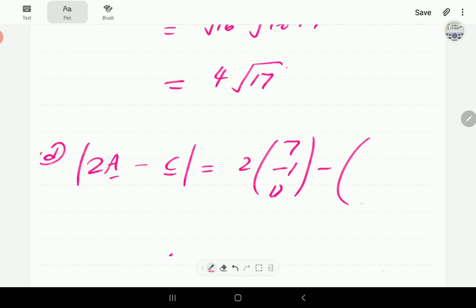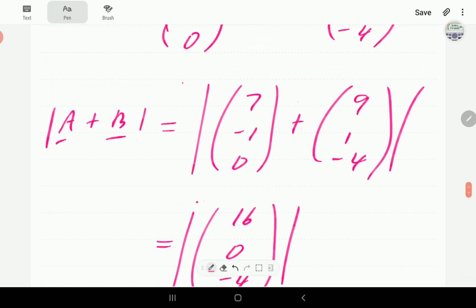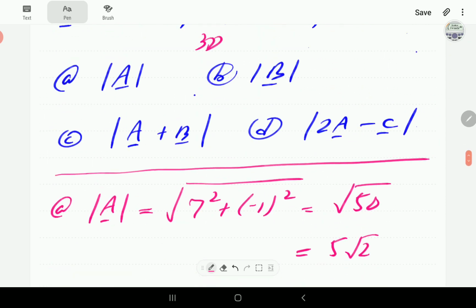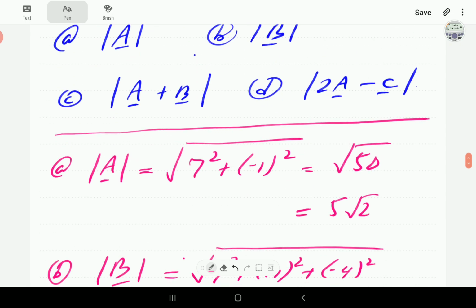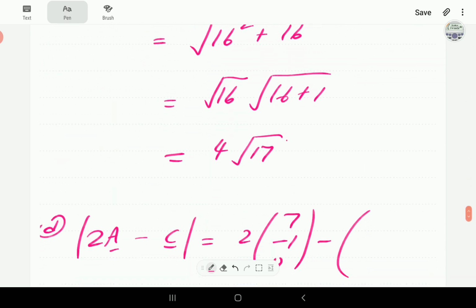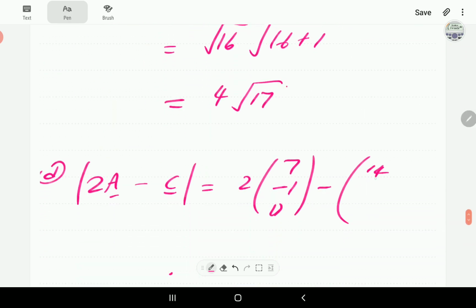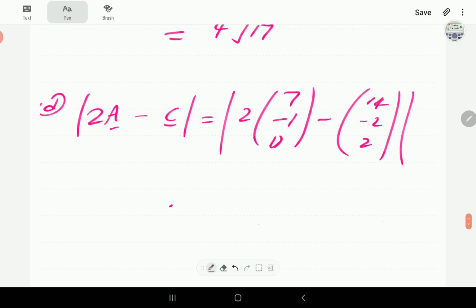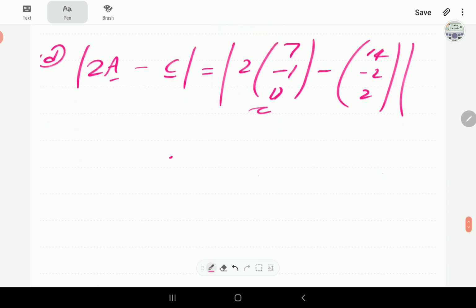Then we're going to take away C, which is (14, minus 2, 2). So we need to do the multiplication first.